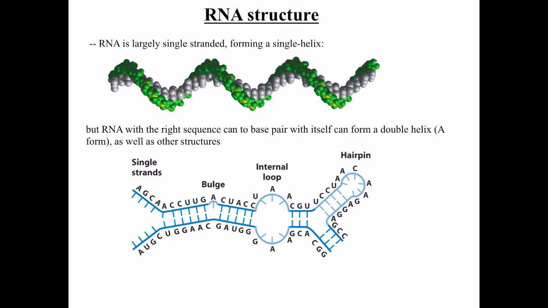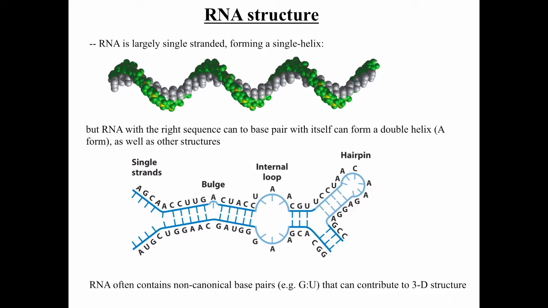When it forms a double helix, it tends to form that A form of the helix, that more condensed form that we see, as well as other structures. So for example, you can have an A-form helix, you can have loops or bulges, depending on atypical or non-canonical base pairing of the bases with each other in the RNA sequence. Or you can even have hairpin structures if you have complementary nucleotide sequences that are interspaced with non-complementary sequences.